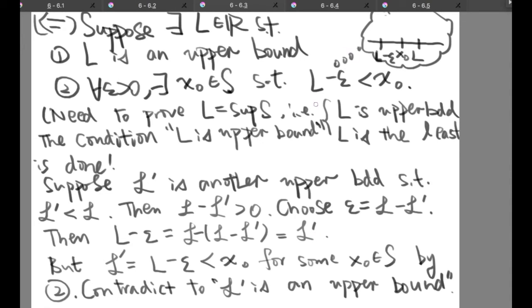But remember that L minus epsilon is smaller than x naught for some x naught inside S, and therefore, L prime is smaller than x naught for some x naught inside S. This is a contradiction because L prime is an upper bound by our assumption, but it turns out that there is something inside S that is bigger than our upper bound.